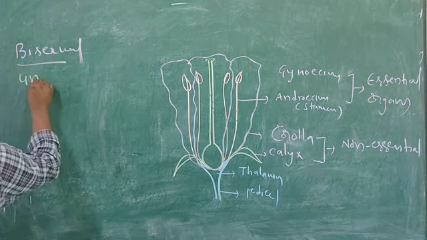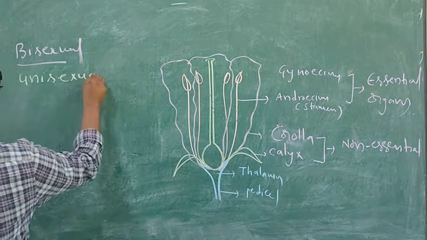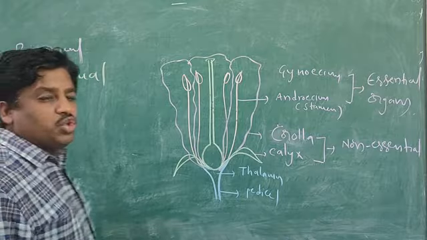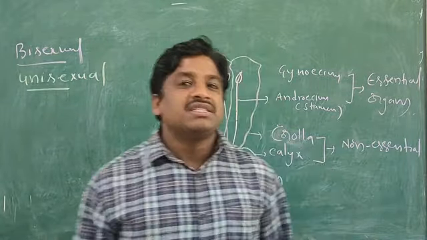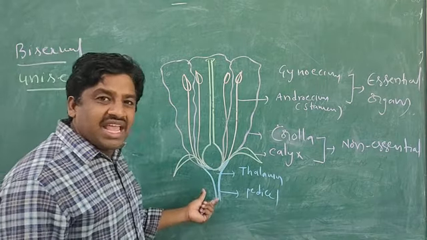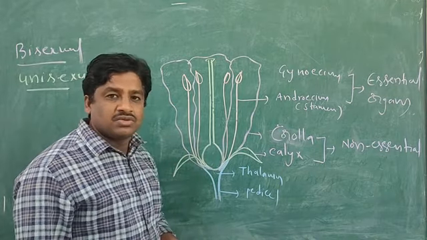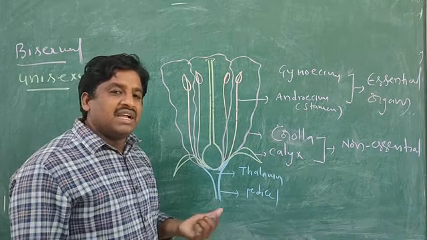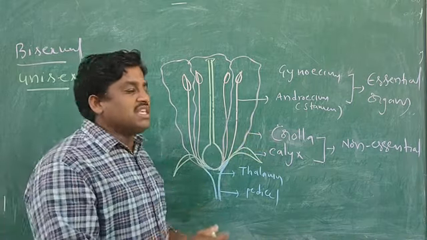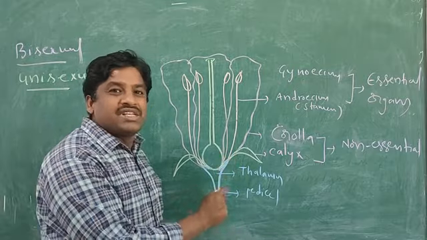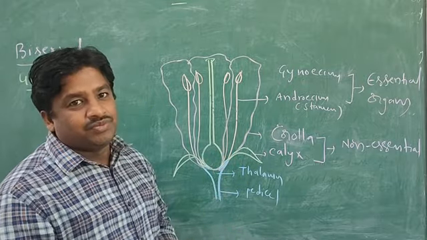Second one, unisexual. Uni means a single. A flower having either stamens or maybe gynoecium. That is, any one of the reproductive parts only present in the flower.